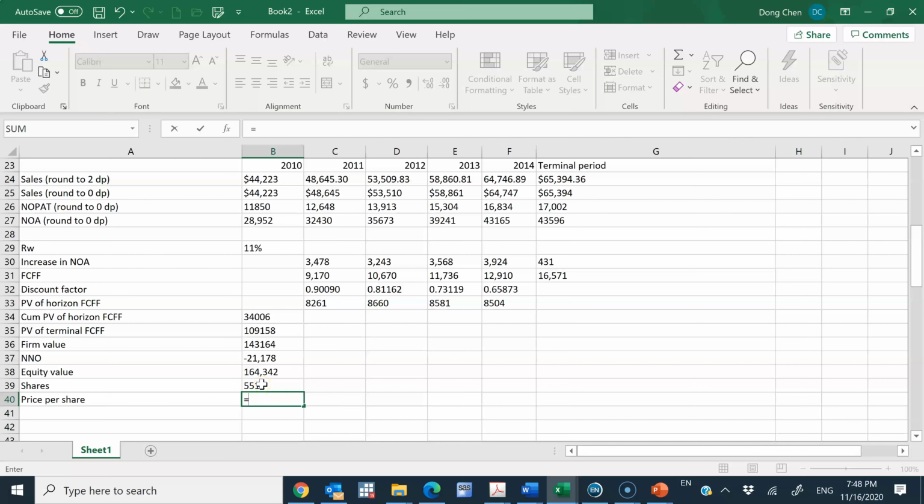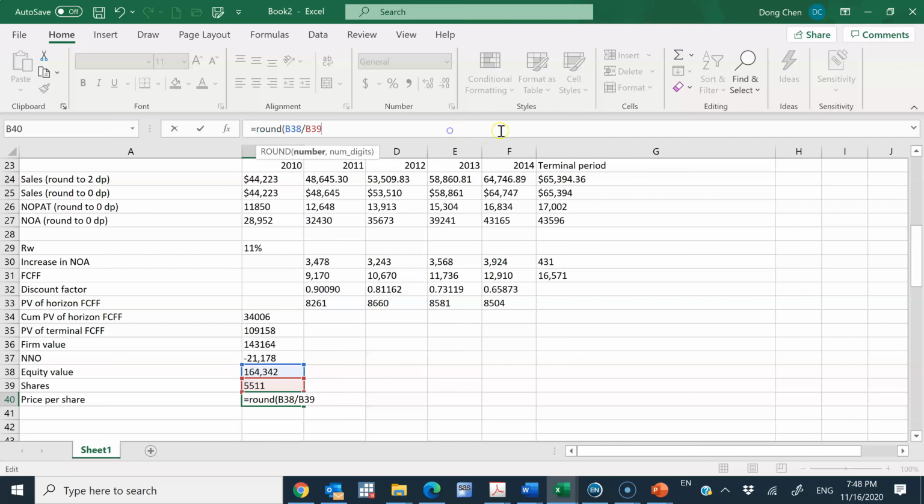So once we divide these two, we don't have to worry about the unit for the price per share, and that will automatically be dealt with. So that equals equity value divided by shares, and then use the round function.